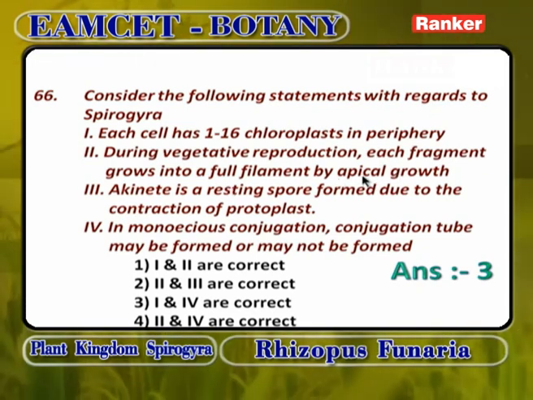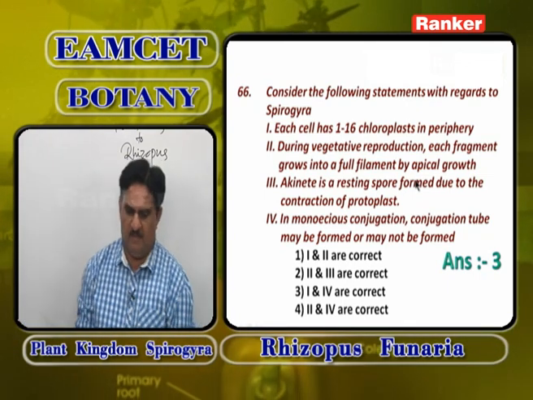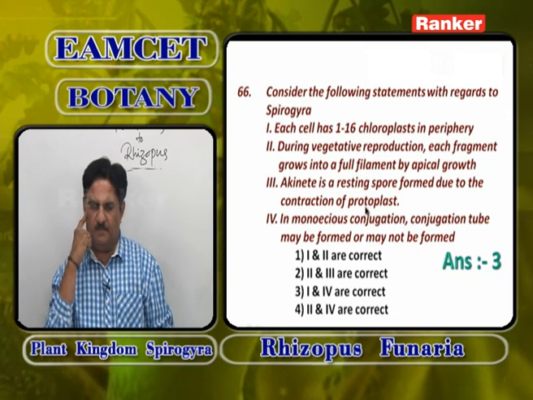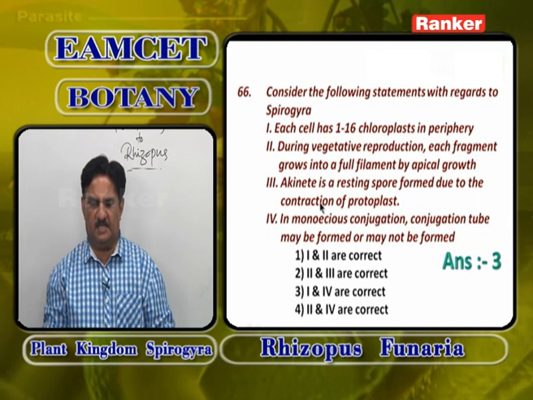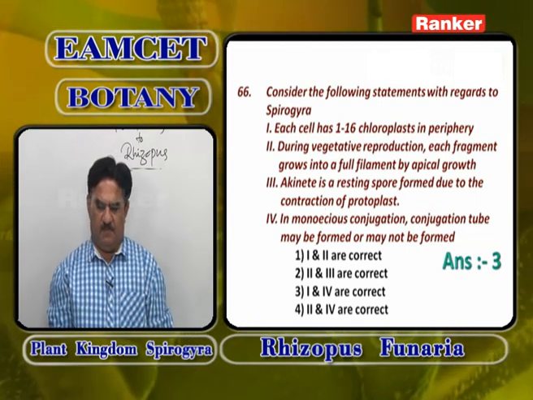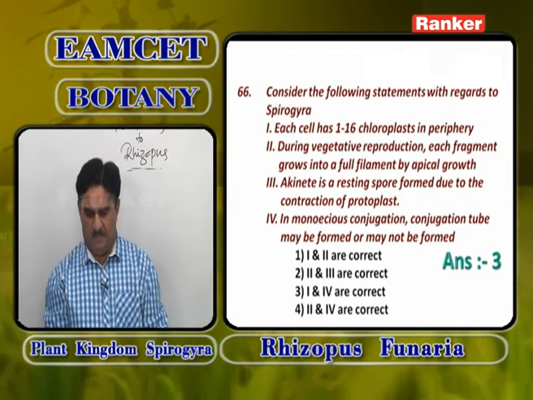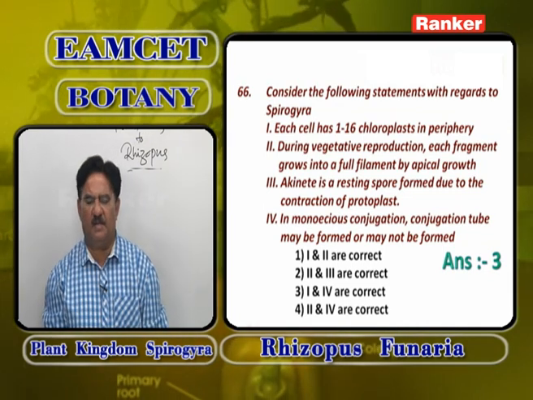Every cell has the capacity of undergoing transverse division and producing a new filament. Then, aplanospore formation due to contraction of protoplast is wrong. Whenever zygospore formation occurs, the total cell is involved, and it is formed by the complete involvement of cell wall and protoplast. So, 2 and 3 are definitely wrong.